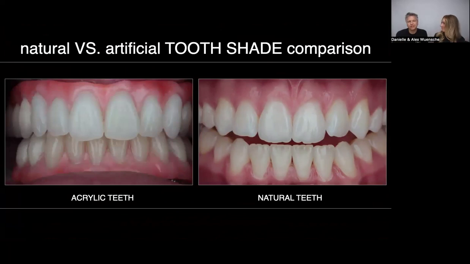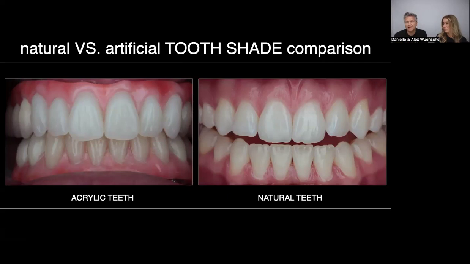Which is the same as what we see most in nature. When I see patients for consultations here, we do photos, and I see so often that the teeth on the mandible are slightly more chromatic or lower in value than the maxillary teeth. We see this here in this example. It's a perfect mimic on the acrylic teeth of the natural teeth. We have that copy of the tooth shade difference from upper to lower.